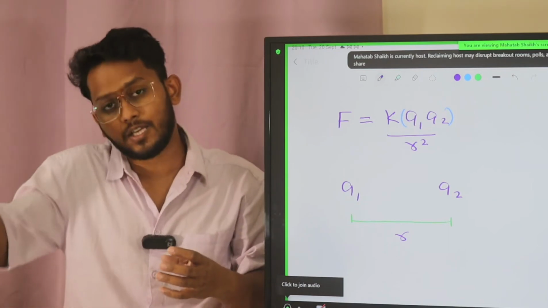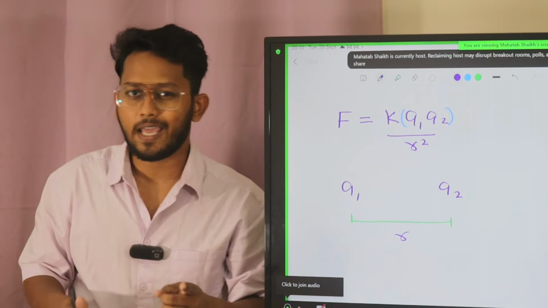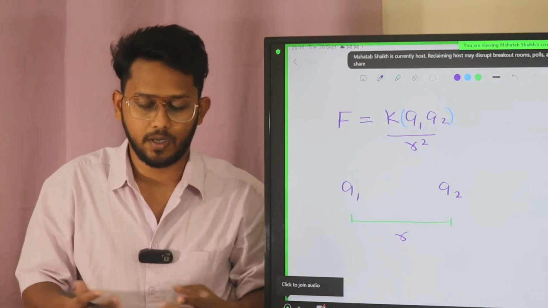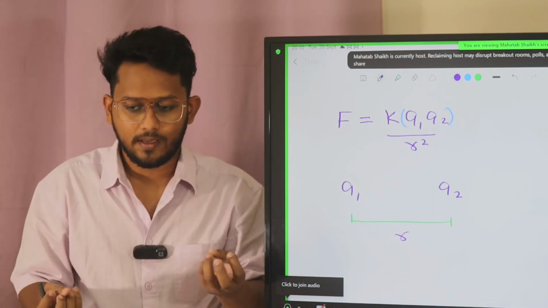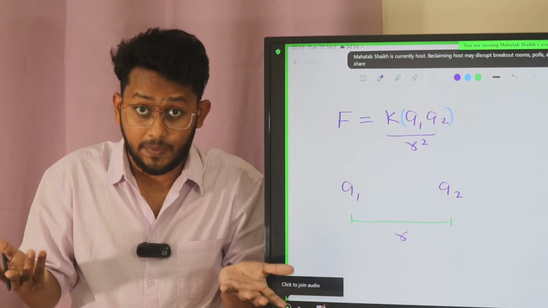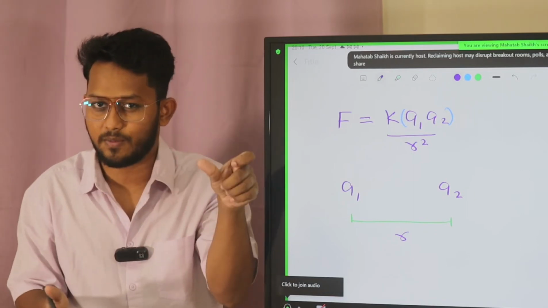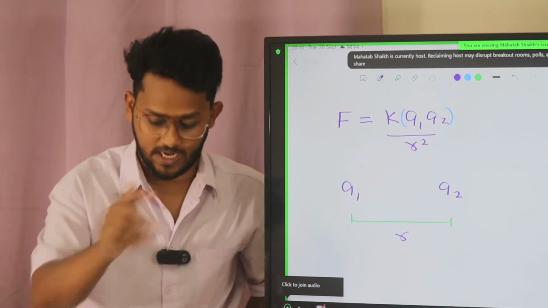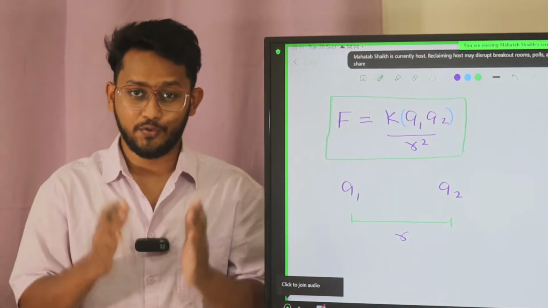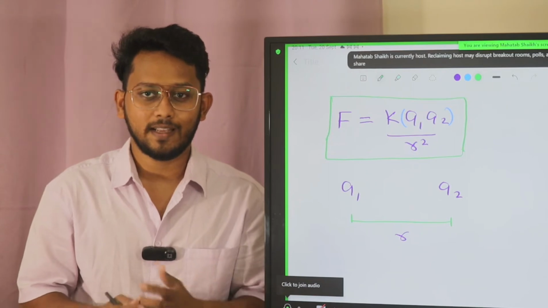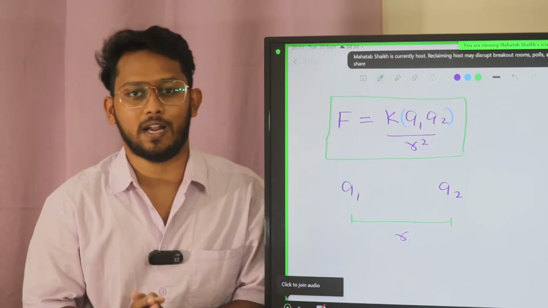If you double the other charge, Q2, again the force will get doubled. But if you double them both together, the force will be 4 times. 2 times this, 2 times this, the force will be 4 times. So that's the force of Coulomb, that's k q1 q2 upon r square.